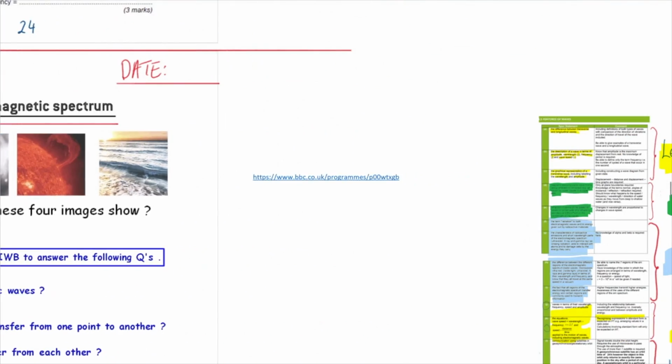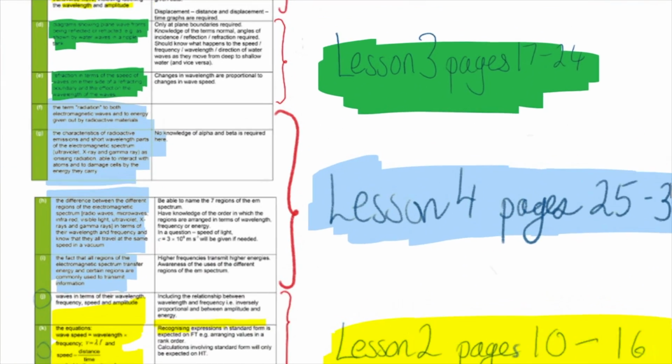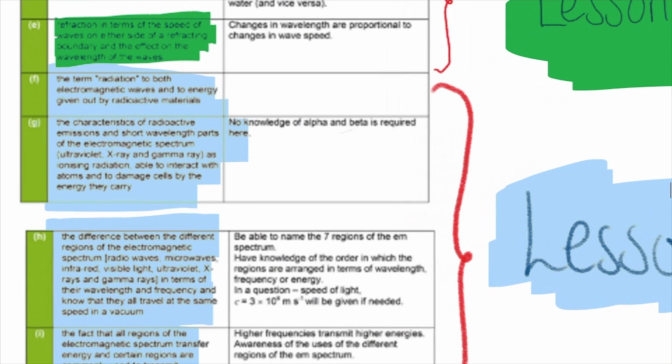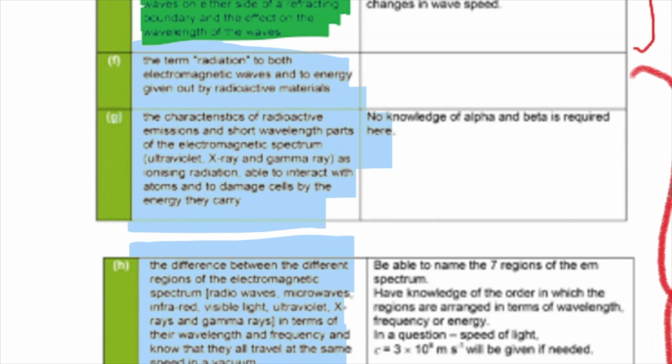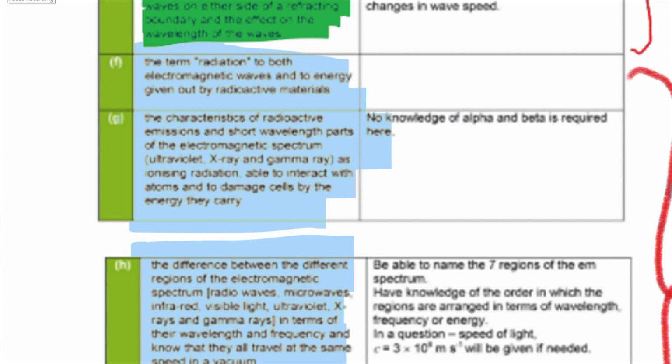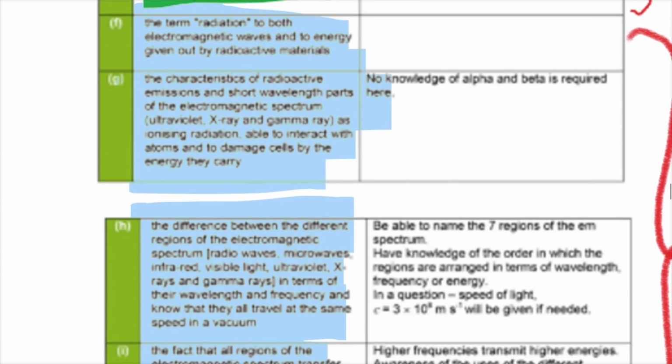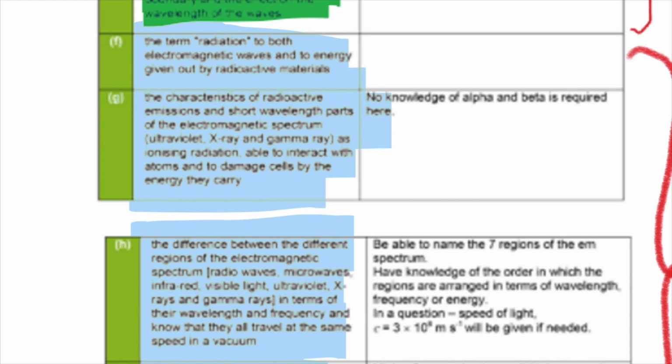Before we begin, let's see where this lesson fits in on the spec. We'll be learning about the term radiation and energy given out by radioactive materials and the different parts of the electromagnetic spectrum and the relationship between frequency and wavelength on the different parts of the spectrum.